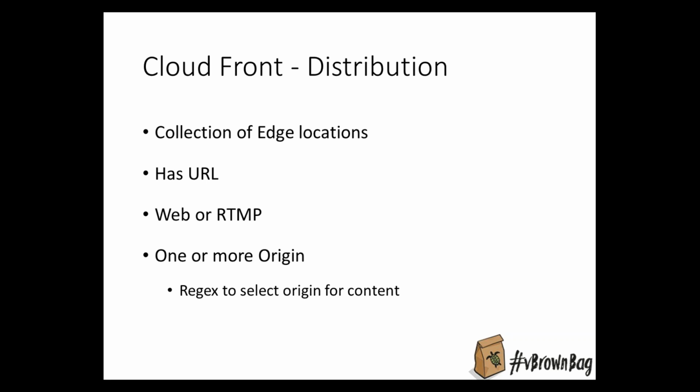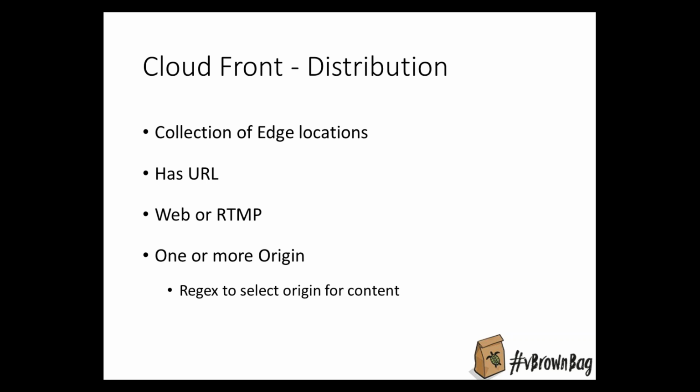So each distribution has its own URL, and it can be a web page, or it can be real-time media streaming, so the RTMP media streaming. RTMP being really important if, for instance, you are a cloud guru and you're distributing real-time video that is being streamed out from some central data center, and that's where the RTMP media streaming caching can be really useful for CloudFront.